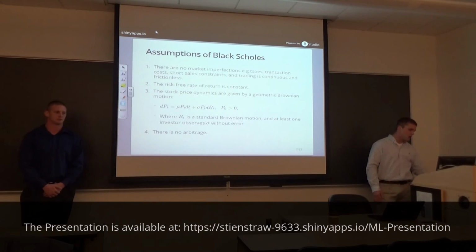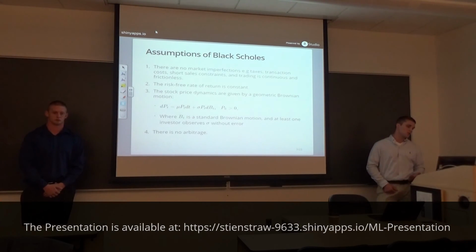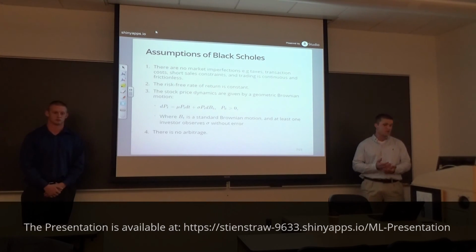a year or so. The next assumption is the biggest in the model, which implicates that the stock price dynamics are given by a geometric Brownian motion provided by this equation, where B sub t is a standard Brownian motion, and at least one investor observes sigma without error, which is somewhat applicable. A geometric Brownian motion process only assumes positive values, just like real stock prices.